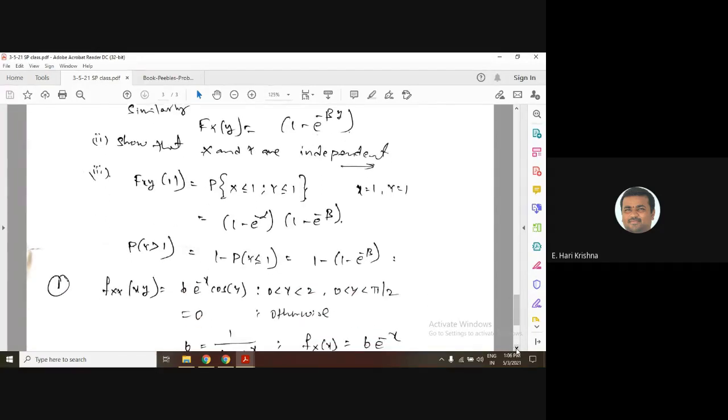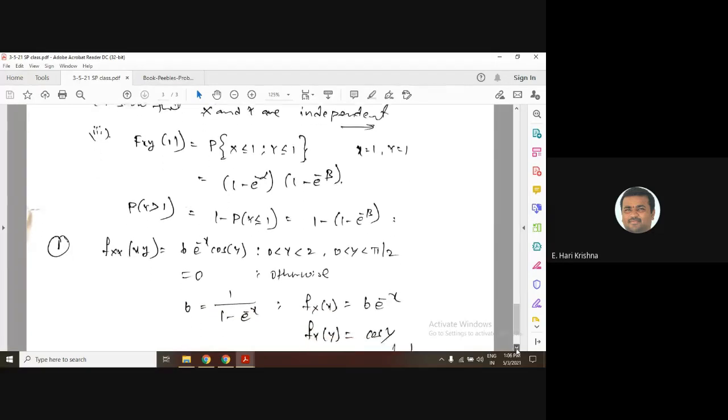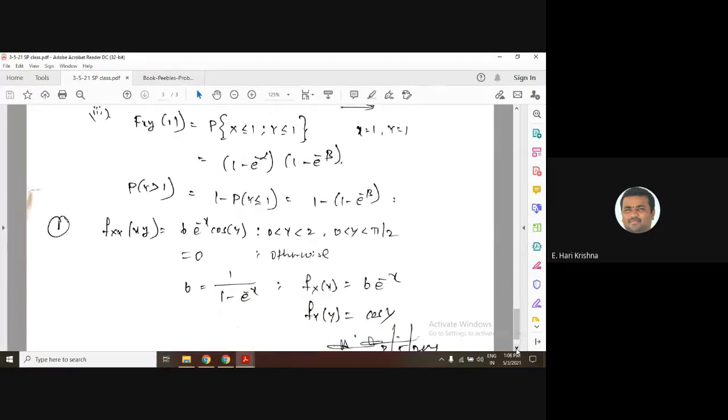One more example question, just for your reference, I have provided here. Fxy of x, y is equal to b into e power minus x cos y, where x is between 0 and 2, y is between 0 and pi by 2, and 0 otherwise.